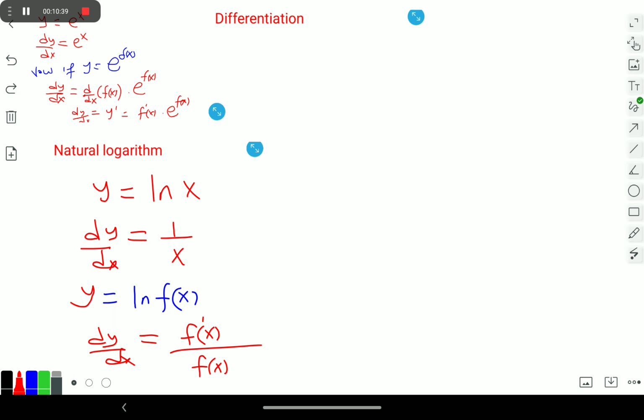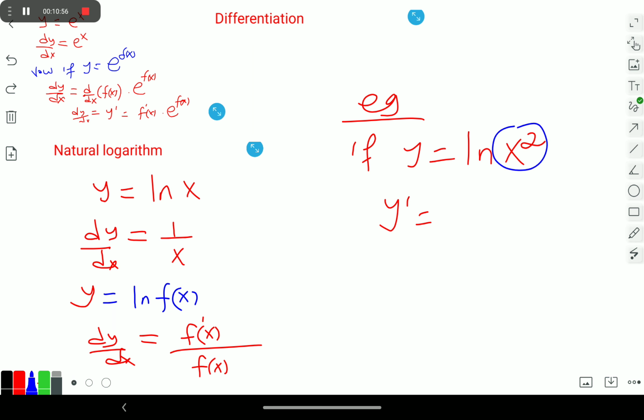For example, if y is equal to ln x squared, then the derivative of y is equal to differentiating this one, which will become 2x divided by x squared, and then the answer becomes 2 divided by x. So that's how we solve it.